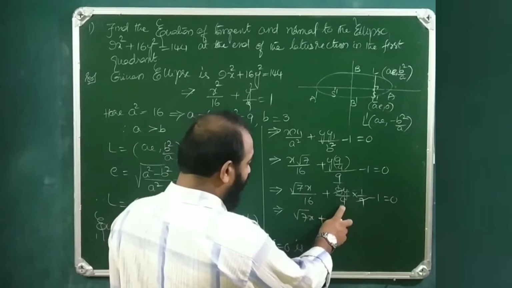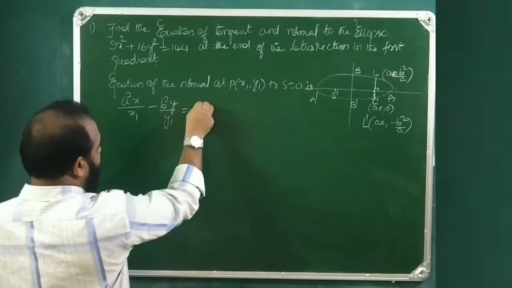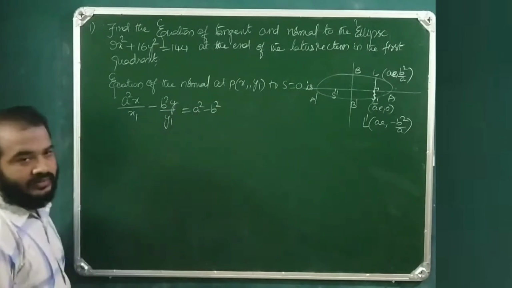Now the equation of the normal at P(x1, y1) to the ellipse S equals 0 is a square x by x1 minus b square y by y1 equals a square minus b square.